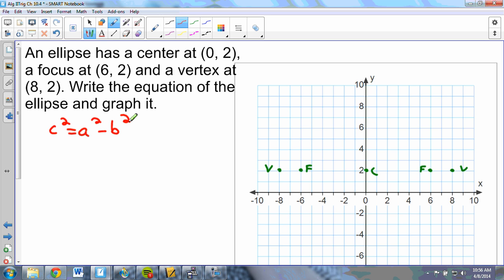What's C? Sorry, that C was for center, not for the value of C. Does anybody remember what C represents? The distance between the center and the focus. So it's 6. So C is 6.